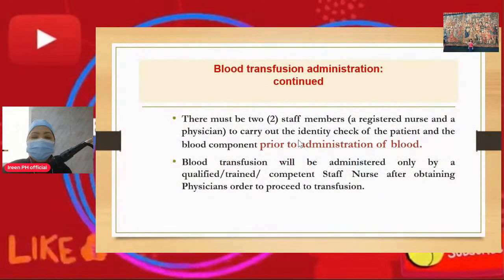Okay. The blood transfusions administration continued. There will be two staff members, registered nurse and physician, to carry out the identity check of the patient and the blood component prior to administration of blood.